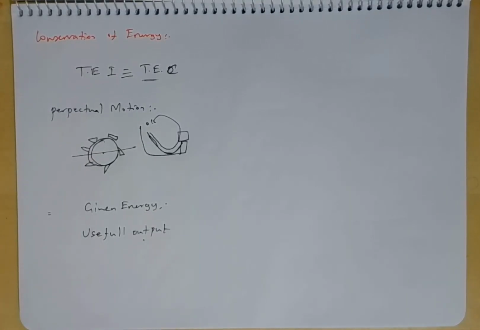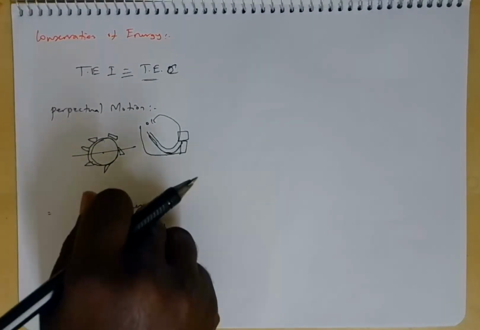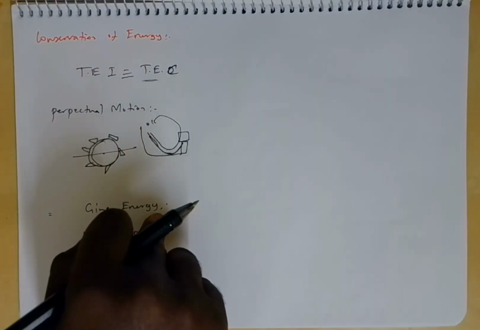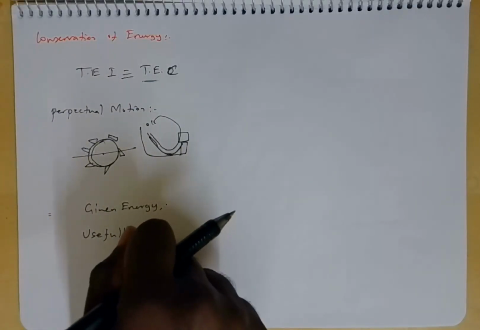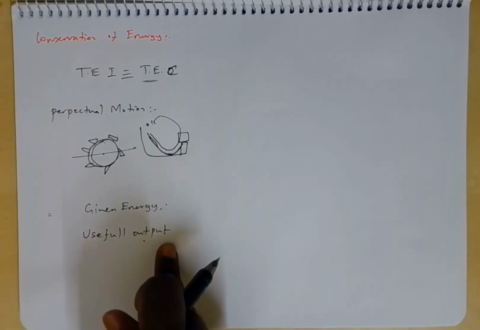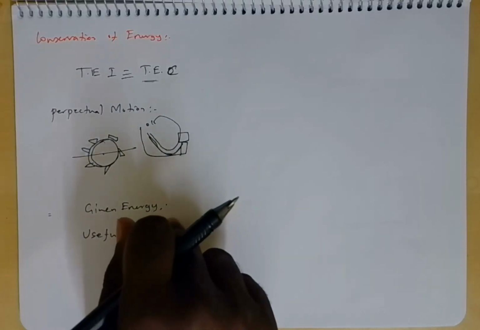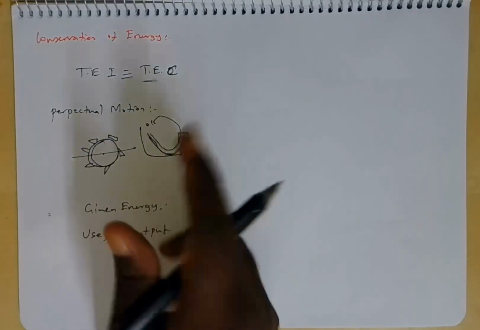Still, that is a waste of energy according to us, but by nature, it's just energy. So we have to calculate everything, and the ratio will never be one. Given energy will never be equal to total useful output. So it should always be less than one.